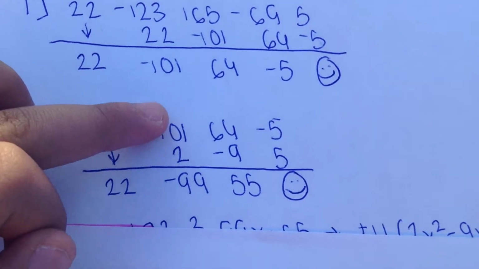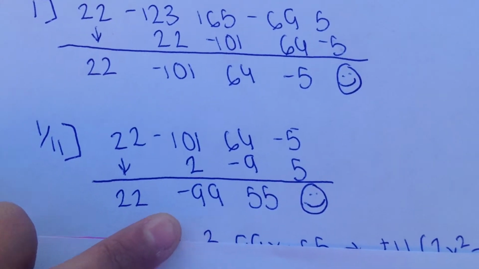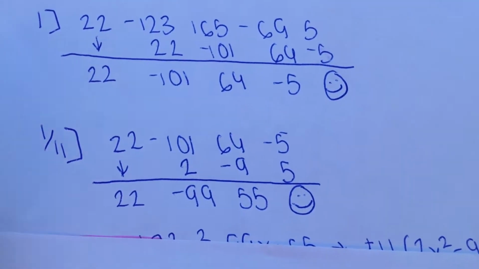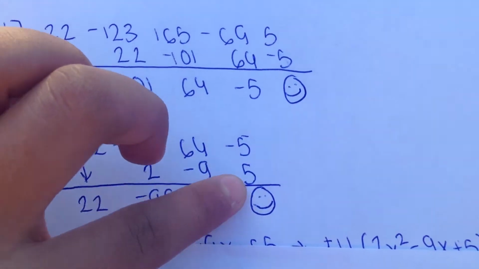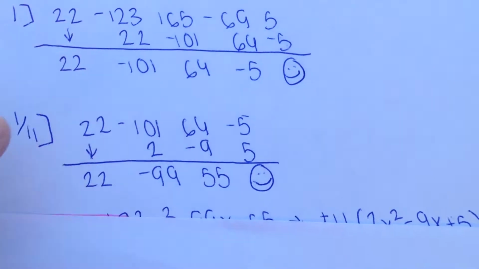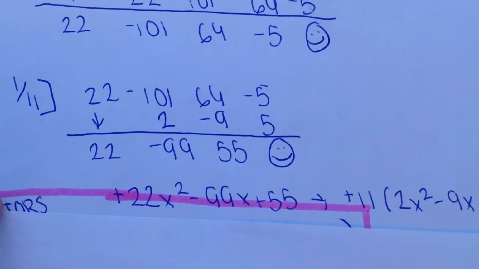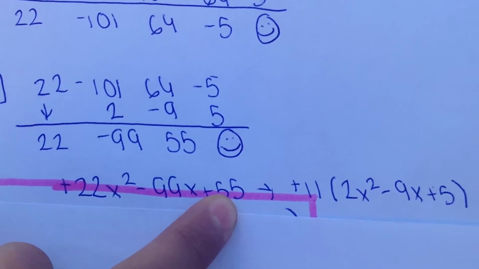So negative 101 plus 2 is negative 99. Negative 99 over 11 is negative 9. So 64 minus 9 is 55. 55 over 11 is 5. So negative 5 plus 5 is 0. So that's another 0 here. So we end up getting 22x squared minus 99x plus 55.